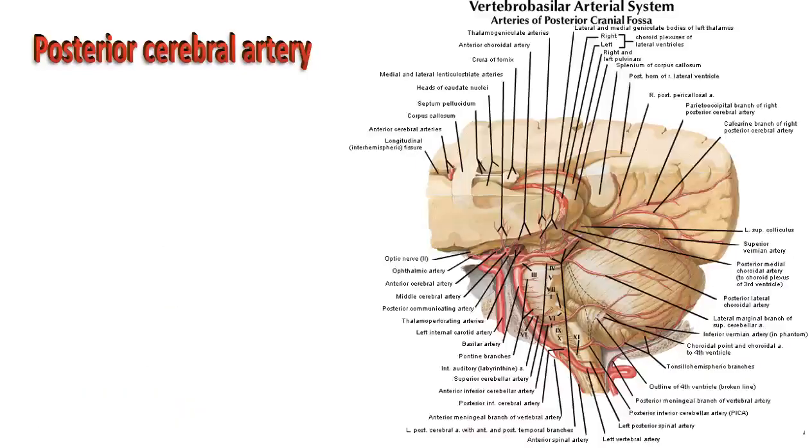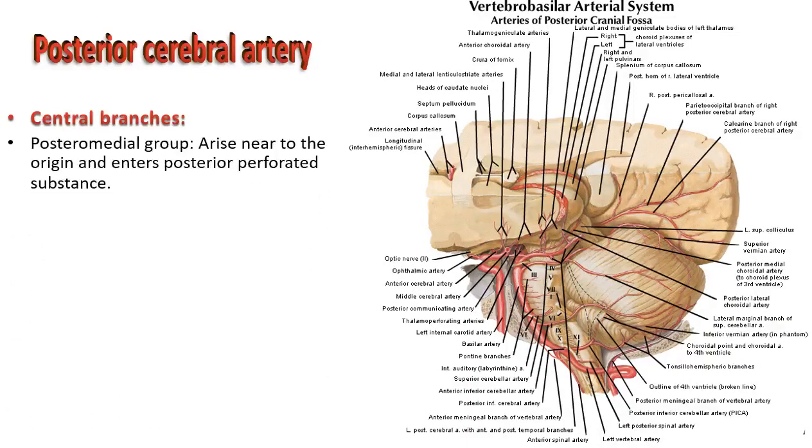Other branches of the posterior cerebral arteries are mainly the central branches. So what are the central branches? The posteromedial group, which are also called the thalamoperforators. You are able to see the thalamo-geniculate perforators.